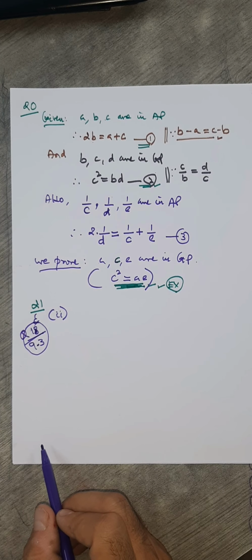Sum of n terms, Sn, equals 0.6 plus 0.66 plus 0.666 and so on, for how many terms? N terms. Now what we do normally for such questions, I'll take 6 outside. So what we'll get here? 0.1 plus 0.11 plus 0.111 and so on.